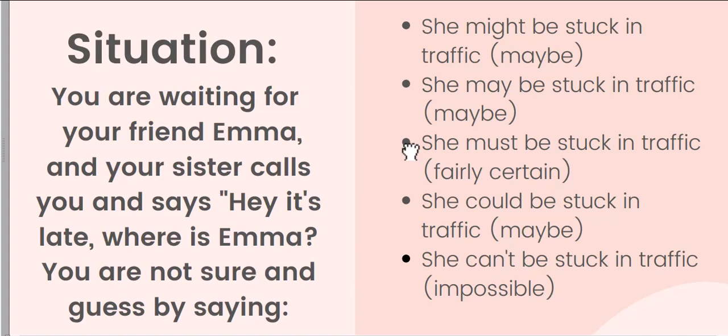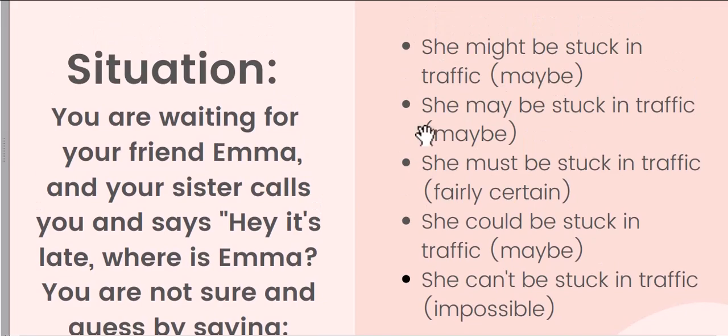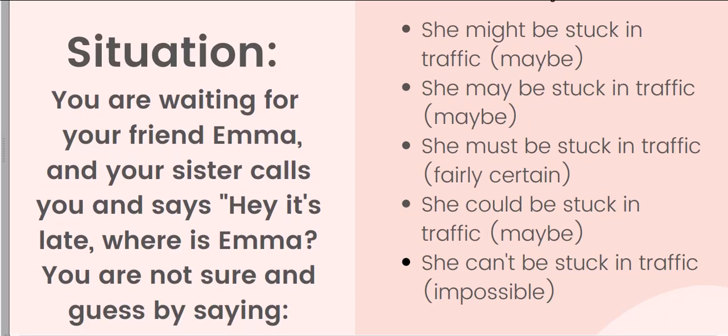Where is Emma?" You are not sure, so you guess, saying "I'm not sure, where is she now?" And maybe you are going to use one of these five sentences right here. So which of these sentences might you use?